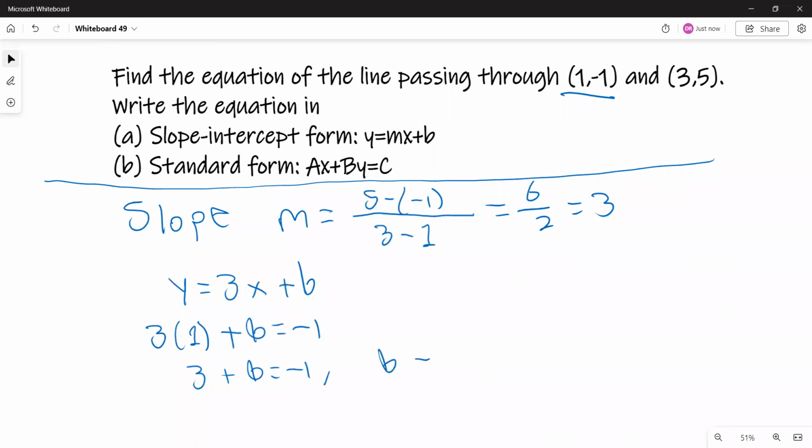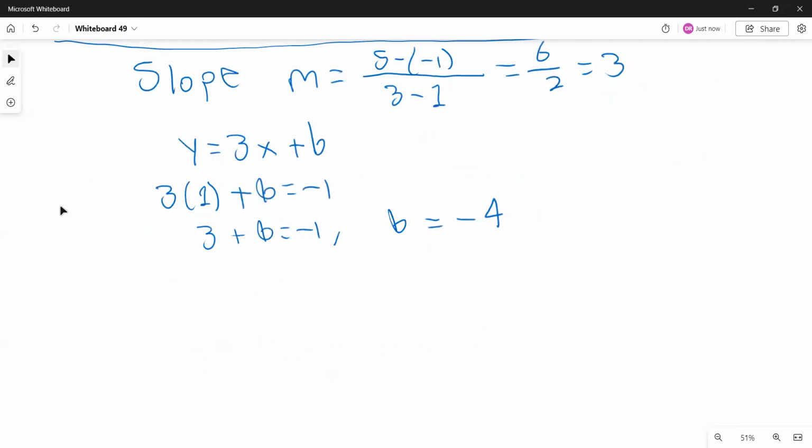So b is -4. So y is equal to 3x minus 4. So that's the equation in slope-intercept form.